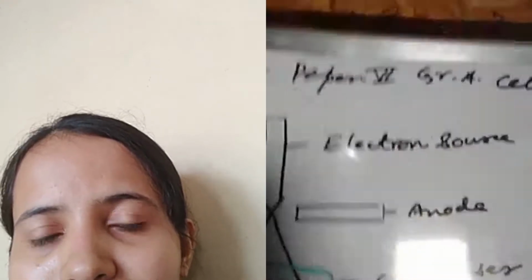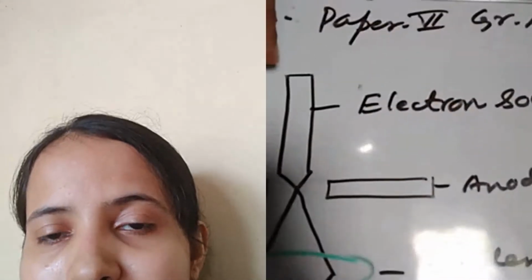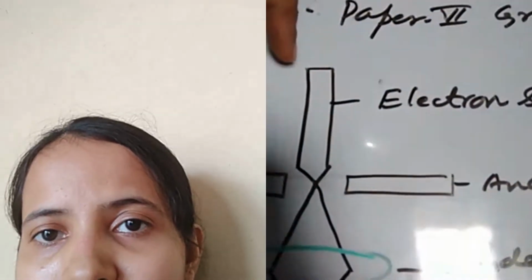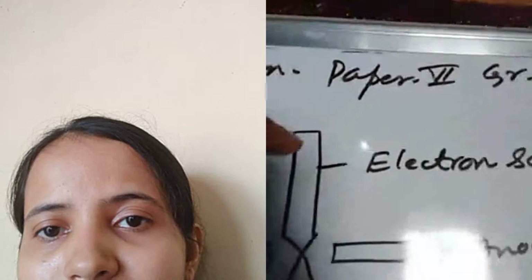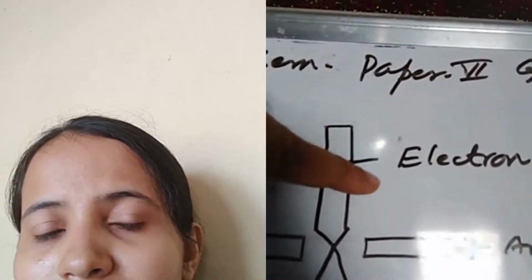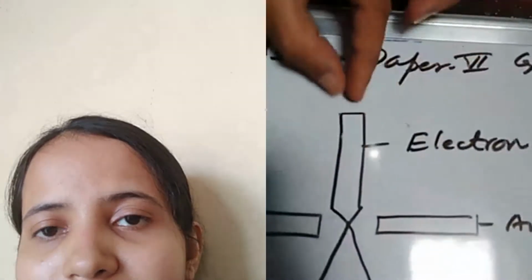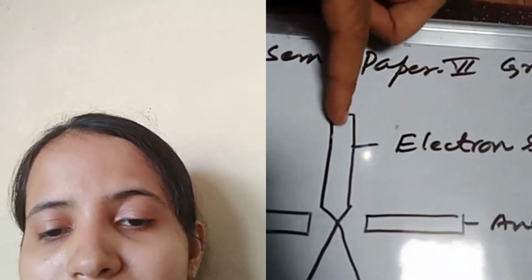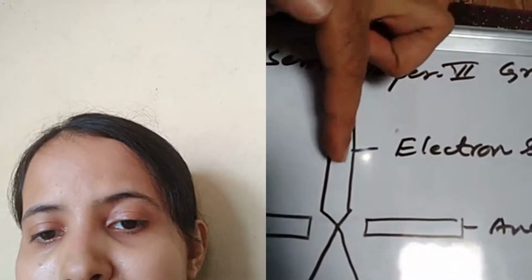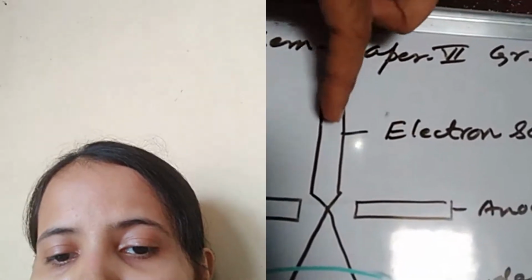Now I am going to describe the scheme of this scanning electron microscope. Look here. This part shows the source of the electron. I have written here the electron source. This arrow shows the source from where the electron is provided.